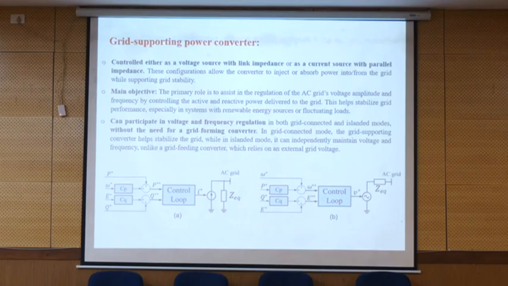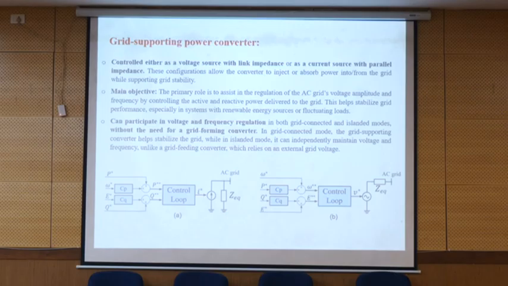So basically, it can be somehow, because the power injected from the converter to the grid is a constant value. But in the fault time, when we have the problem in voltage and frequency, you can play with the active power and reactive power.